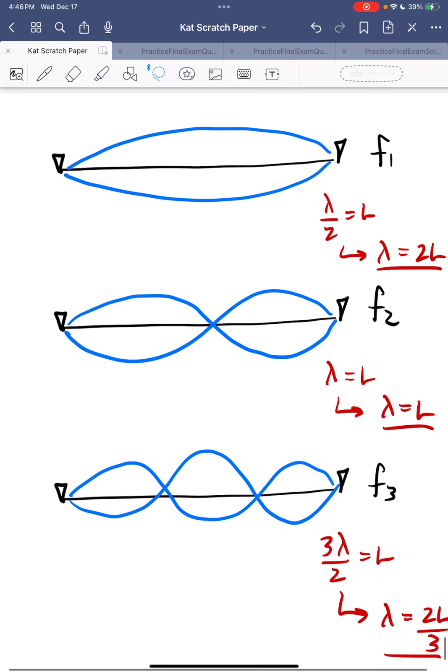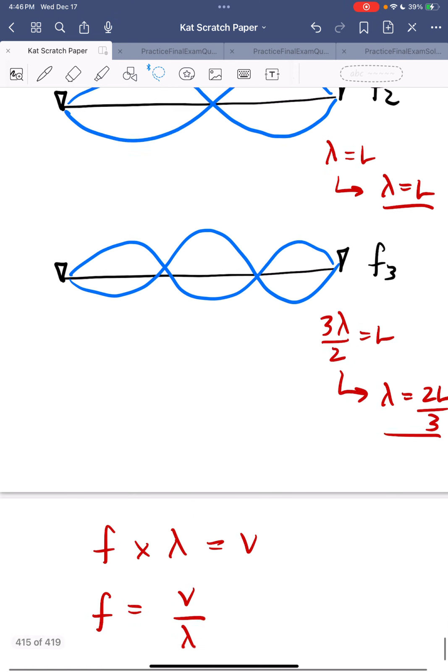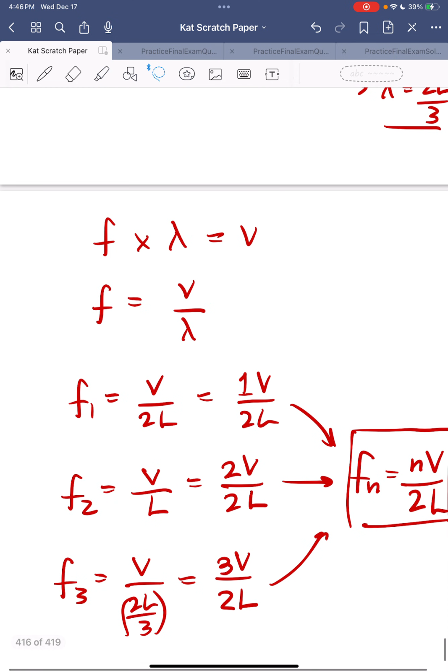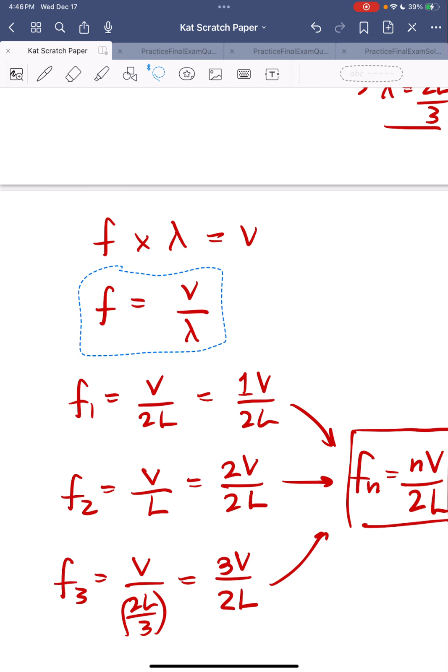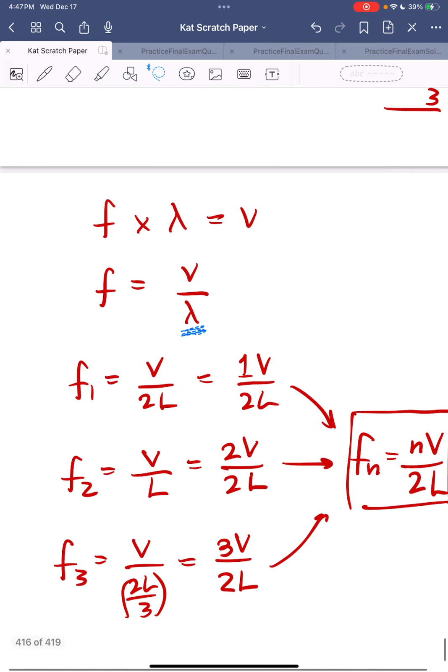Remember, the first frequency, the first harmonic, the fundamental, we've got half a wavelength equals L, which means that the wavelength equals 2 times L. So I'm going to go into this equation here, and for lambda, for the wavelength, I'm going to plug in 2 times L. So the first frequency is just V divided by 2L. Let's just look at that. Don't worry about this stuff over here yet. So just worry about this. All I did was plug in the value of lambda that I got in the previous page.